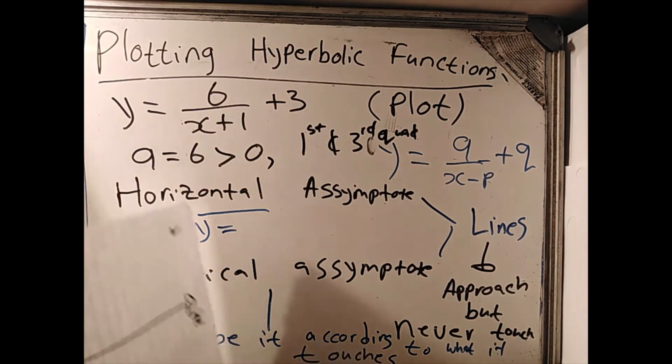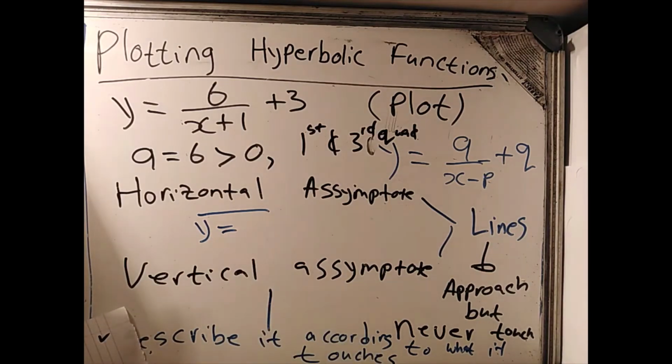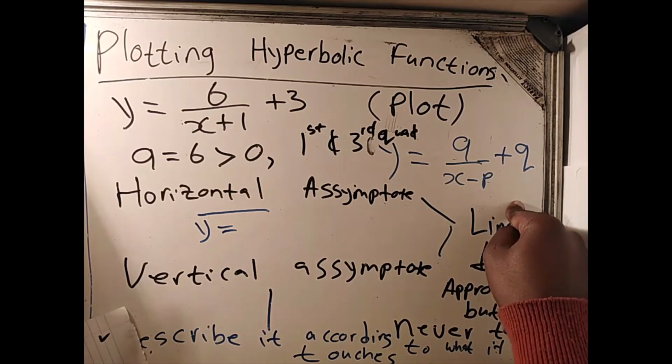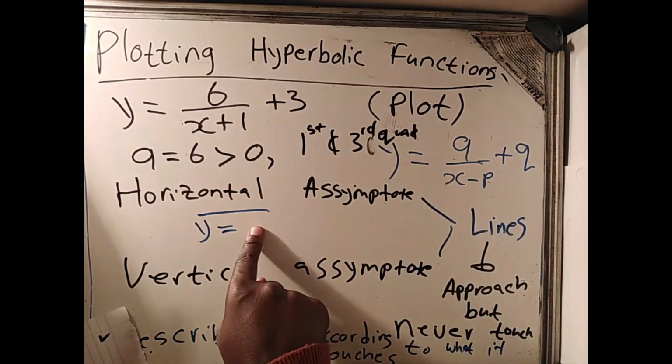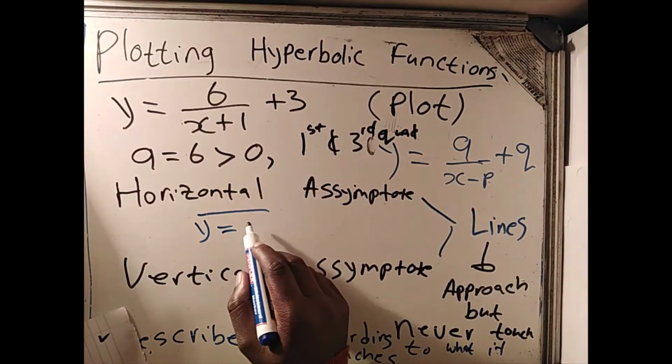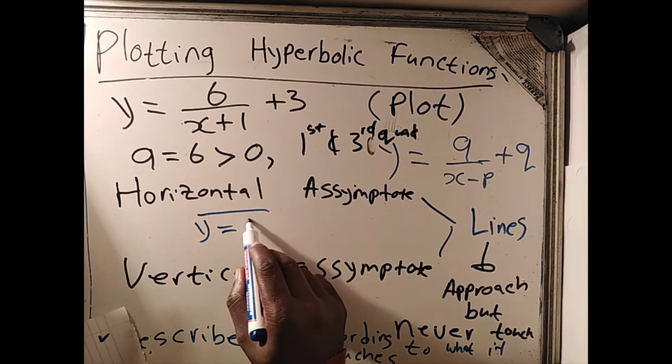It touches the y-axis, so it's going to be y is equal to something. So we're going to take the value that is here literally as it is and put it as a horizontal asymptote. In this particular case it's 3. So the horizontal asymptote here is y is equal to 3.